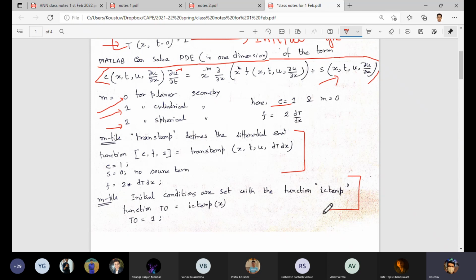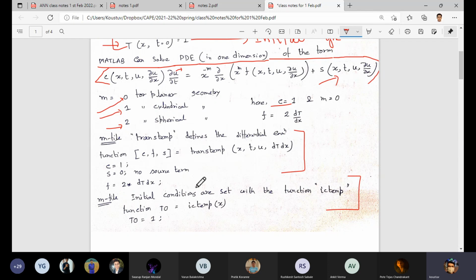What are the different MATLAB function file definitions? One is trans temp. It is just written as one of the function names, as typically given in the function; you can give a different name also. It is just the differential equations.